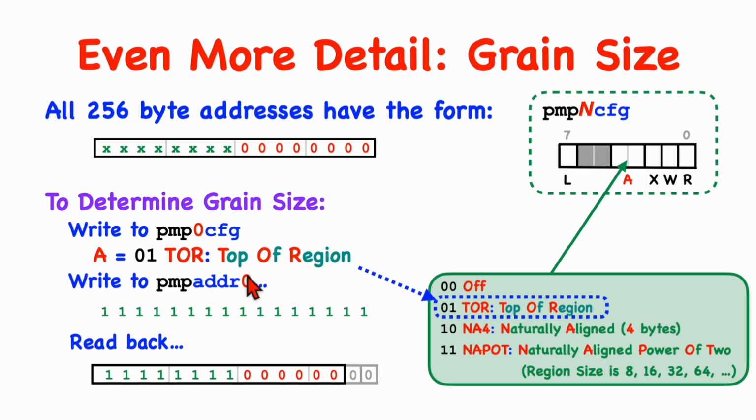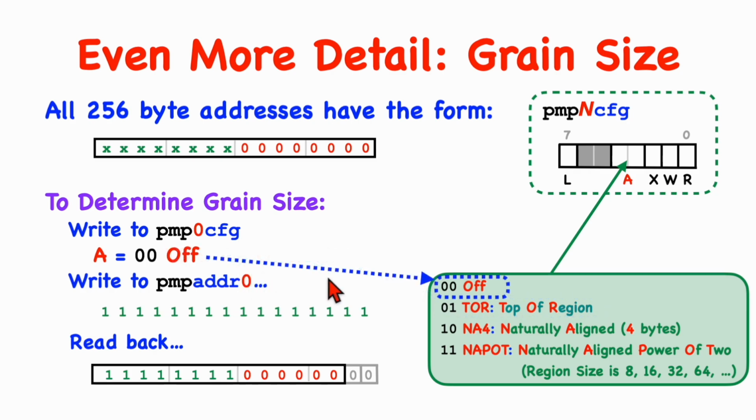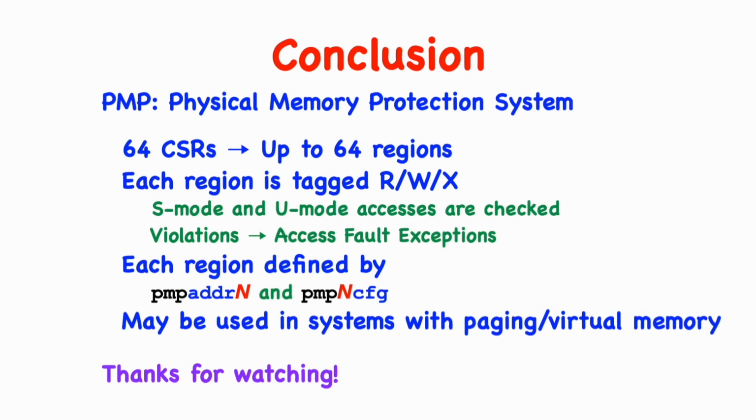And finally, don't forget to properly initialize that region to something else, or at least turn it off so it doesn't cause problems later. Okay, that wraps up my overview of RISC-V's physical memory protection system. In this video, we saw that the system is implemented with a collection of machine mode control and status registers that divide the physical address space into a number of regions.